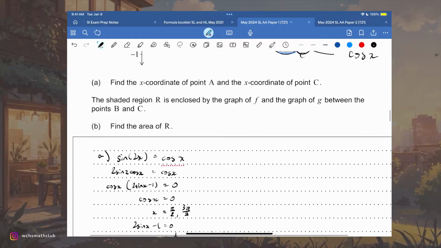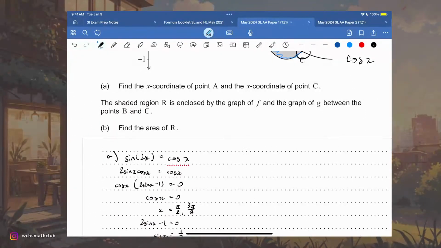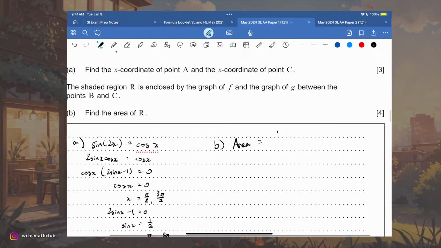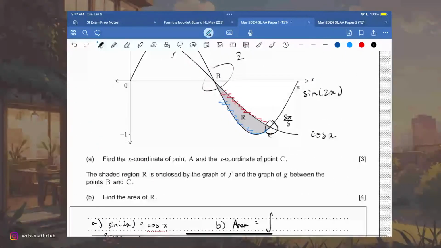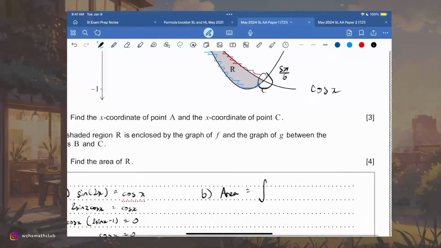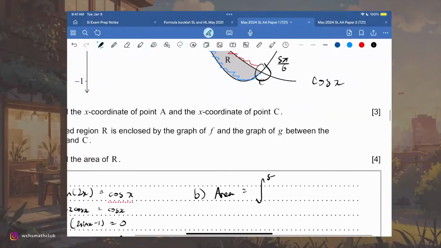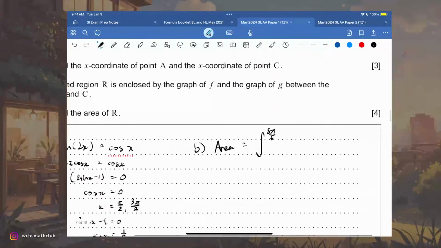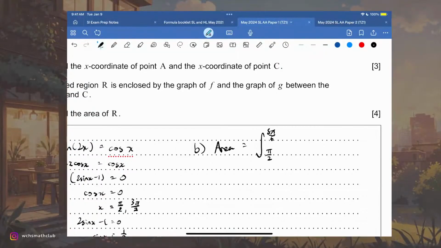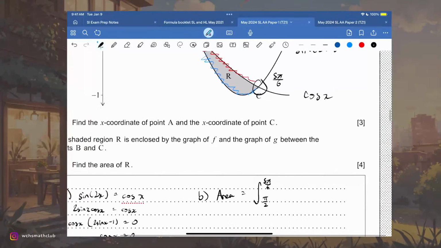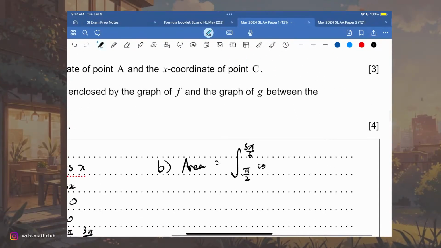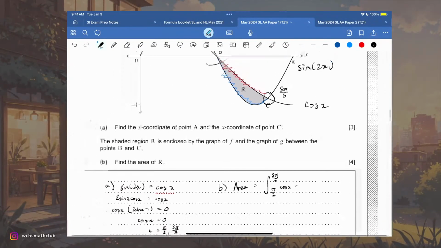So in order to do that, area equals the integral from the endpoints, which are B and C. The endpoint is 5 pi over 6 for C, and on our left we have pi over 2, which is B. Then we take the top curve and subtract the bottom curve, so we have cosine x minus sine 2x.